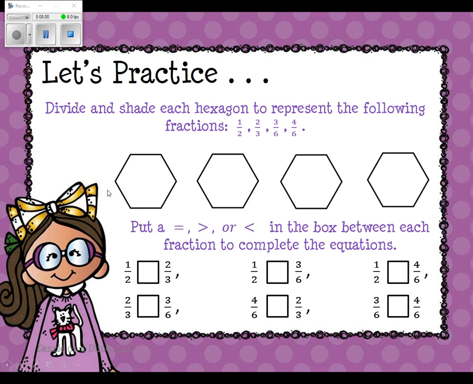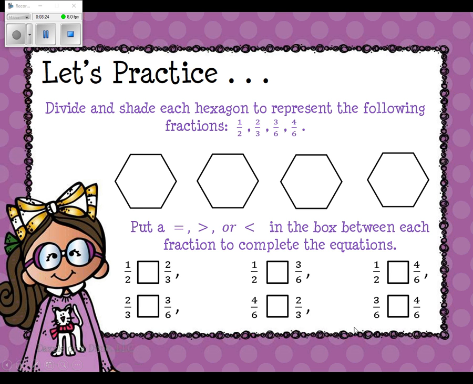If I were comparing 1/2 and 3/6, I know they are equal. If you look at 4/6 and 2/3, you will see that they are also equal. 1/2 is less than 4/6 because 4/6 is equal to 2/3, and 2/3 is greater than 1/2. So 1/2 is less than 4/6.